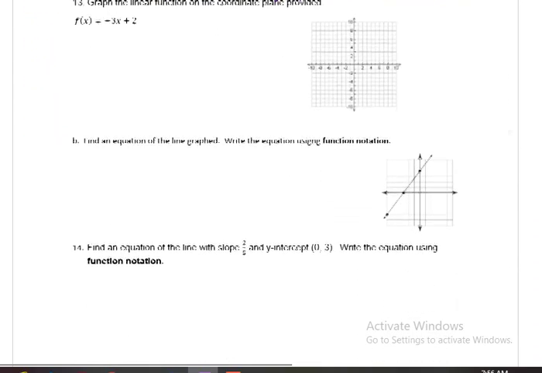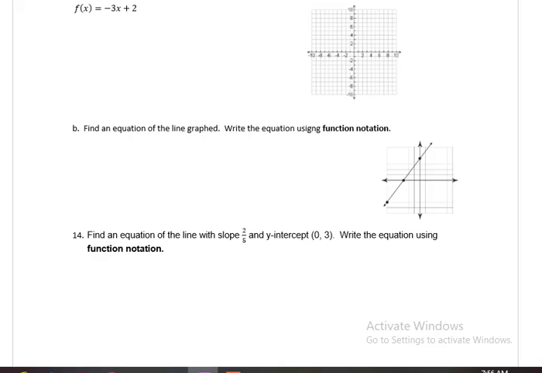Number 13, this is material from 8.1, which is combining the function notation information that we had studied before with the linear equation that we had studied before. Now graph the linear function on the coordinate plane provided. And with this, we have f of x is equal to -3x plus 2.